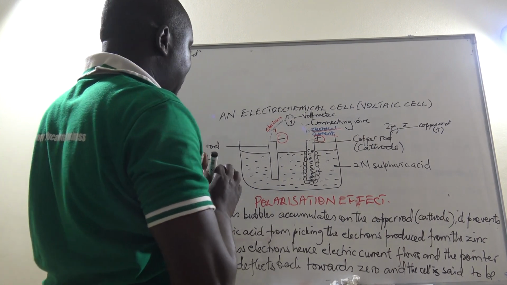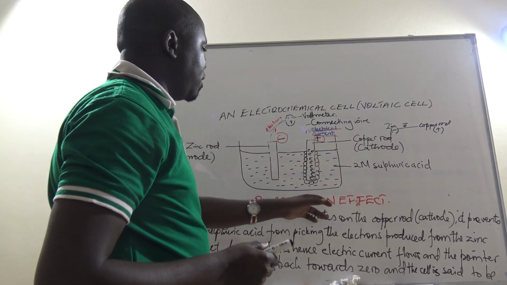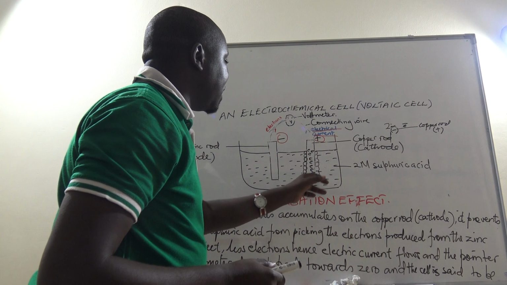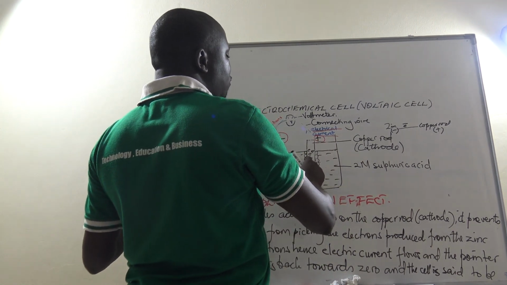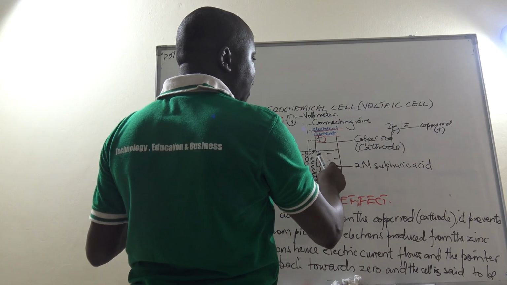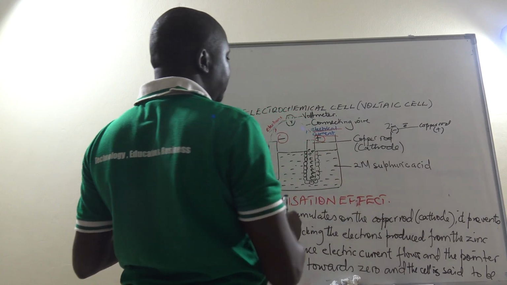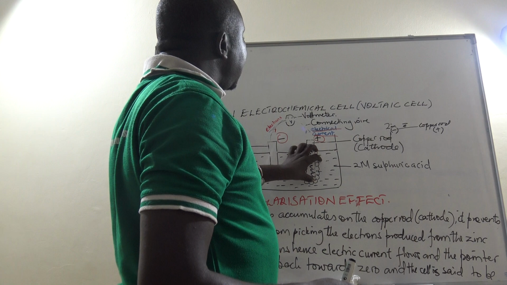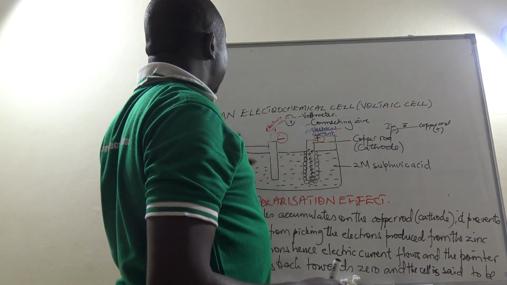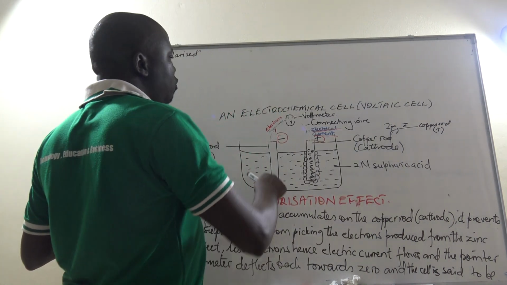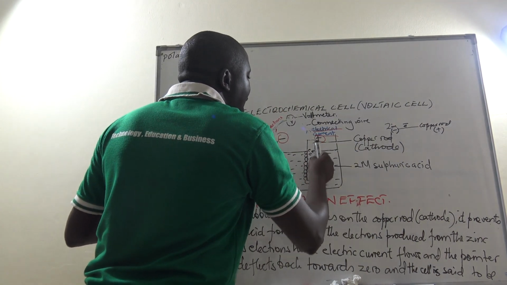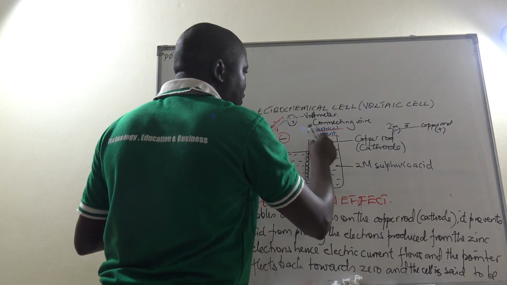So in this case, that's what we call the polarization effect of the hydrogen gas bubbles. So these bubbles prevent the electrons from being accepted by the hydrogen ions of the 2 molar sulfuric acid. So if they accumulate here on the copper rod, that means that less electrons will have to flow because there will be a resistance to the flow of electrons as a result of a high concentration of the electrons here on the copper rod.